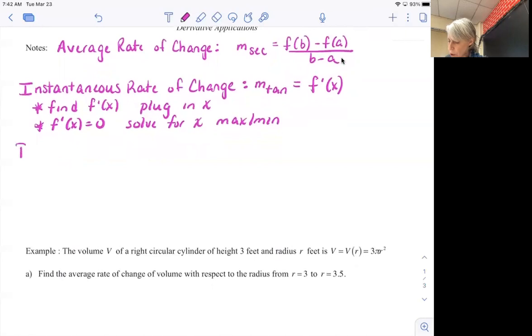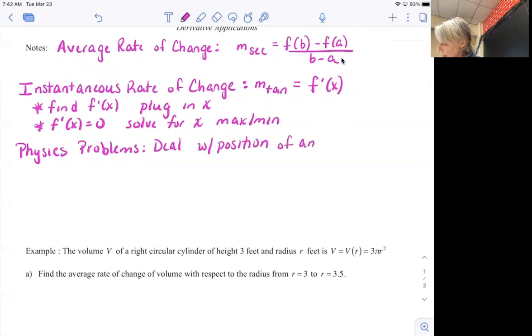And then when we start to talk about our physics types of problems, we're just going to deal with problems that involve the position of an object. I know there's more to physics, but we're going to deal with the position of an object.